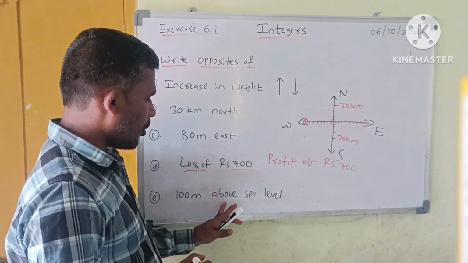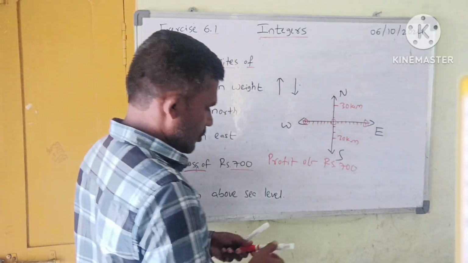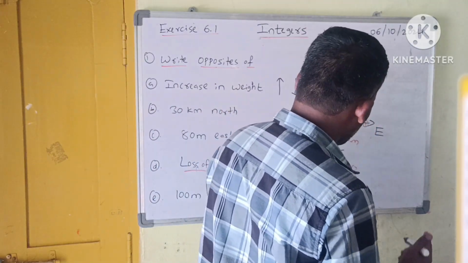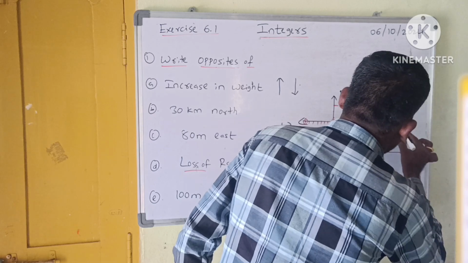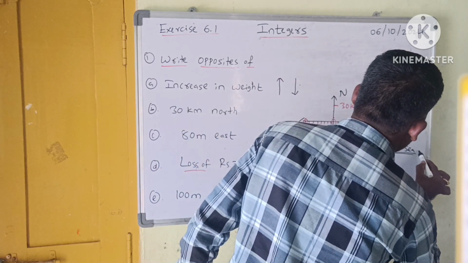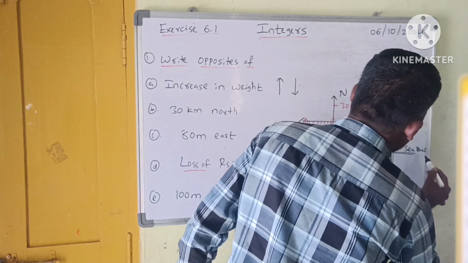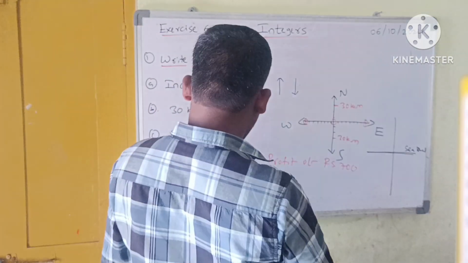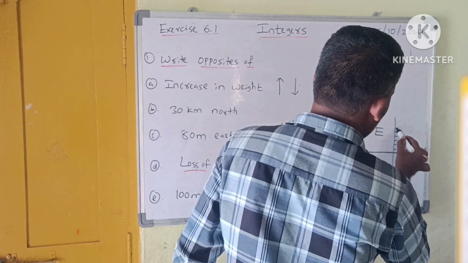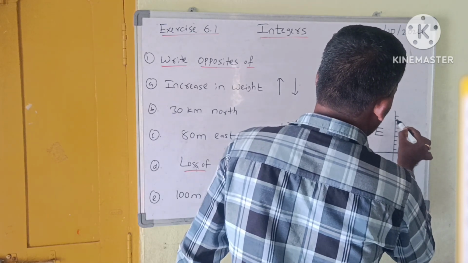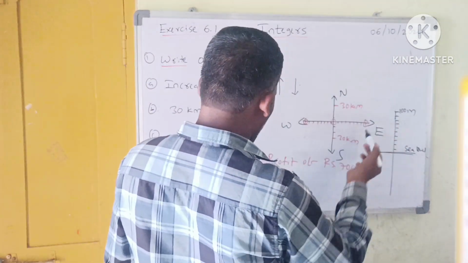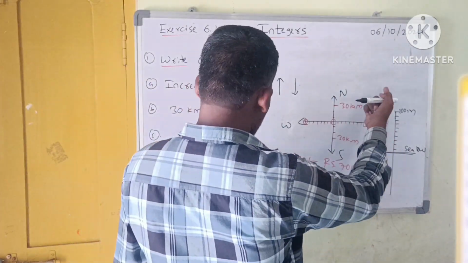100 meter above sea level. So for example, I am taking the sea level here, and 100 meter above: 10, 20, 30, 40, 50, 60, 70, 80, 90, 100. Opposite of above is below.